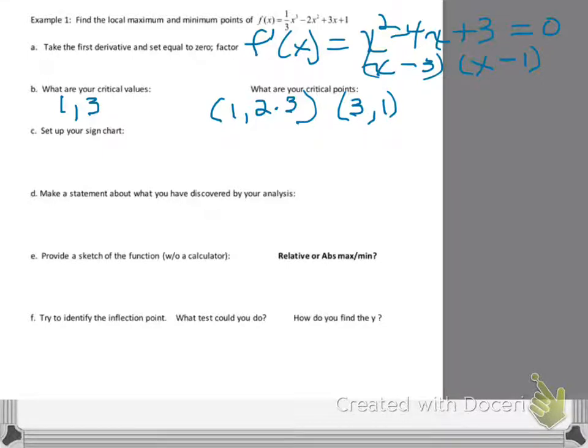So I'm going to change my color so you can see things a little bit better. Let's put a straight line, and on the line, as a number line, write your 2 critical values. So there's my 1 and my 3. Okay, above the line will be values that are going to be the slope.